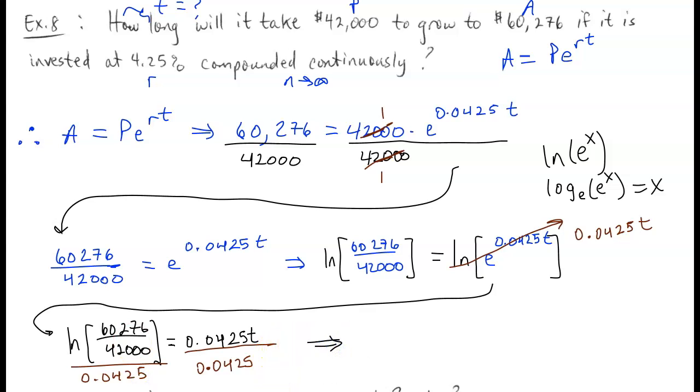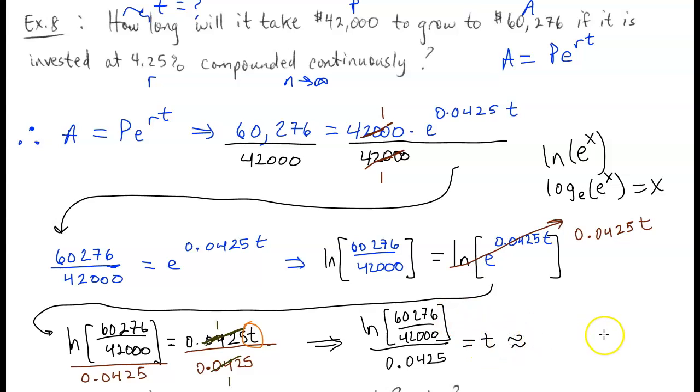All right, so if we do that, then we'll see here that this and this reduces to 1, and all we have left is this t here on the right-hand side. So here we will have natural log of all this business again, all over 0.0425, and that's equal to t.